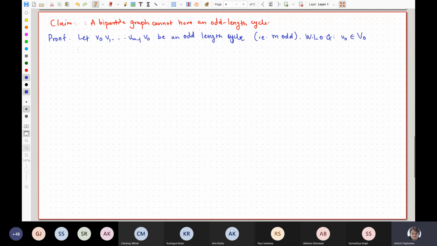Then v1 must be in the capital V1 side, v2 must be again in V0, and so on. v3 must be in V1, because every consecutive pair of vertices is connected by an edge. So where should v(m-1) lie? It should also lie in V0.